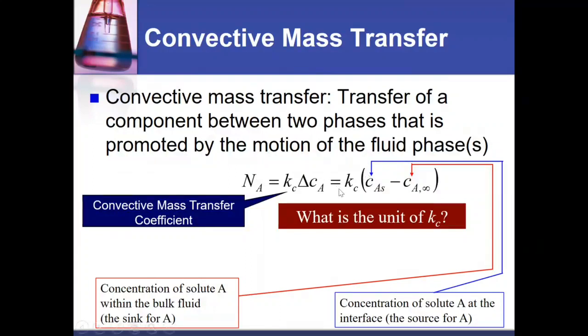So what should this one be? It should be length per time, right? Because when you have unit length per unit length cubed, the cube will become a square and this will cancel, and it will be, for example, mole per length square per time, same as the flux. So it has a unit of length per time, while the diffusion coefficient has a unit of length square per time.